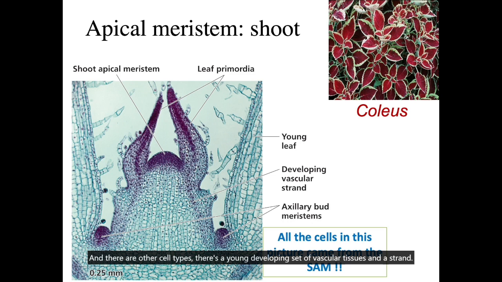There's a young developing set of vascular tissues in a strand. And then there are also axillary bud meristems. So if those axillary buds ever become shoots, they're in the axil of the leaf. If they ever become shoots, then that meristem is what's going to cause them to grow. All the cells in this picture came from the shoot apical meristem.